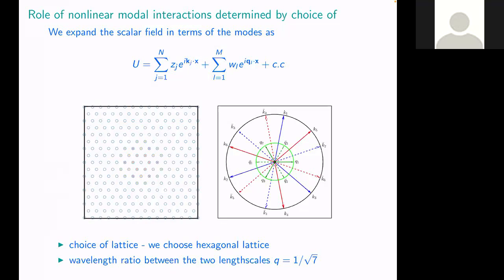To do this properly, we use the method of weakly nonlinear analysis, where we rescale our scalar variable, time and space, and then expand the scalar field as shown here, and we will end up with ordinary differential equations, which we can then analyze. So that's the whole procedure.